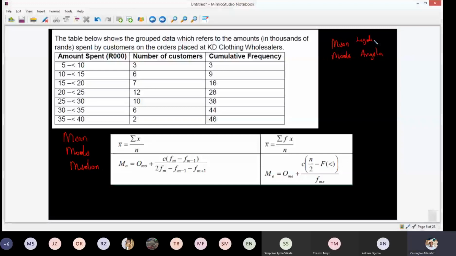Then the median. I'll give a median table.